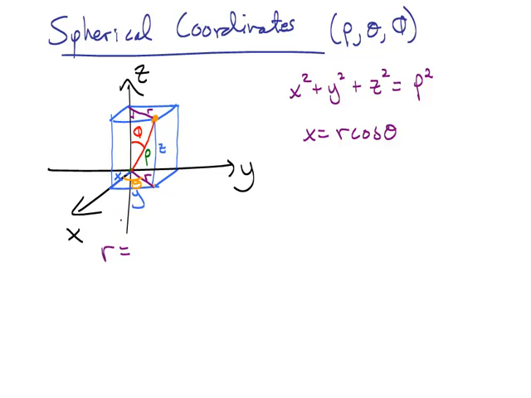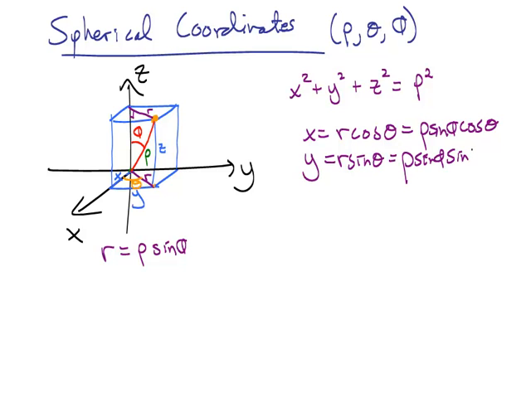So r is equal to rho times the sine of phi. And so x is equal to r cosine theta, which is equal to rho sine phi cosine theta. Y is equal to r sine theta, which is equal to rho sine phi sine theta.